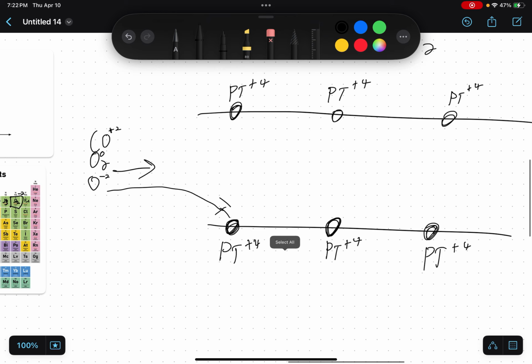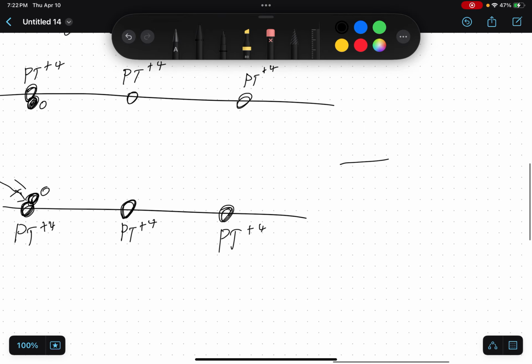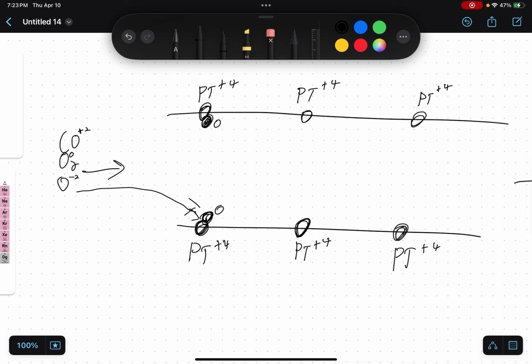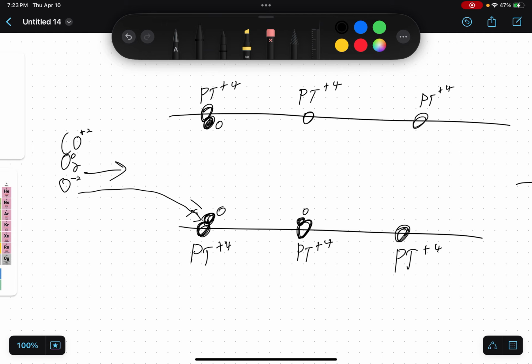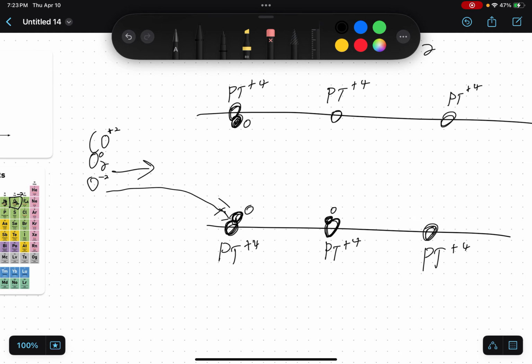It'll get attracted to these and stick on them. Not O2, just O, because the O2 isn't attracted to anything. The O2 will just flow through here. But some free oxygens get stuck because the platinum is polar, and it'll pull them towards it.